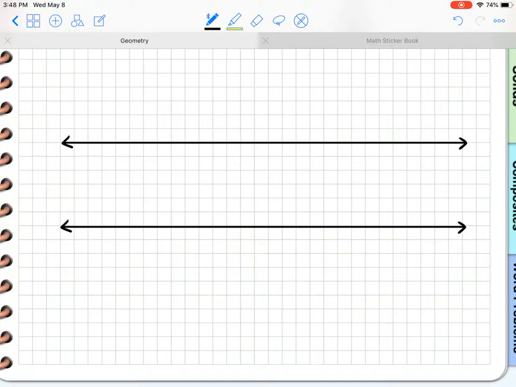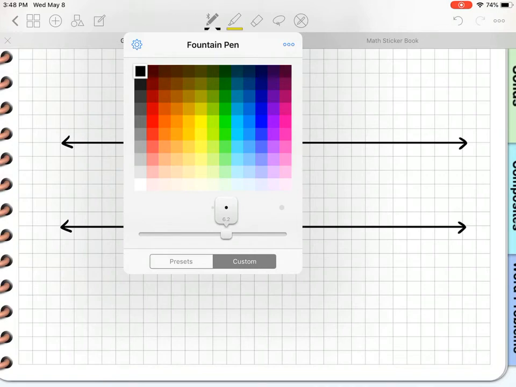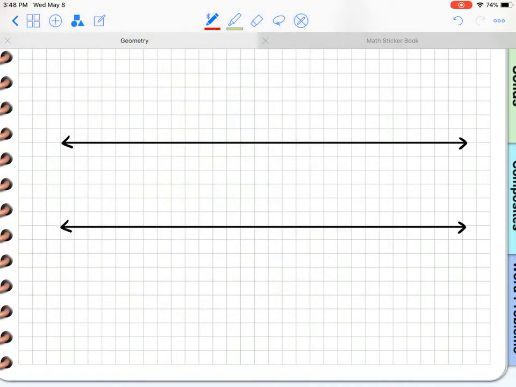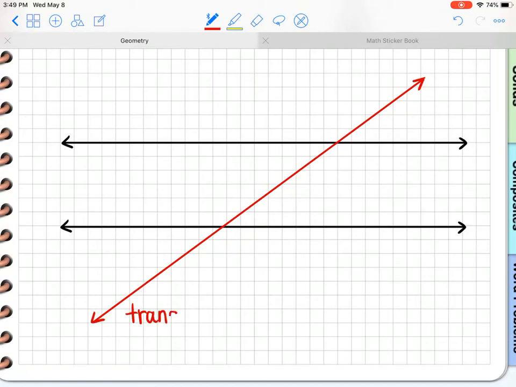And then I'm going to change colors, maybe with this nice red, and draw a third line across these two. And that line has a name. This red line is called a trans. Trans means to cross. A transversal.